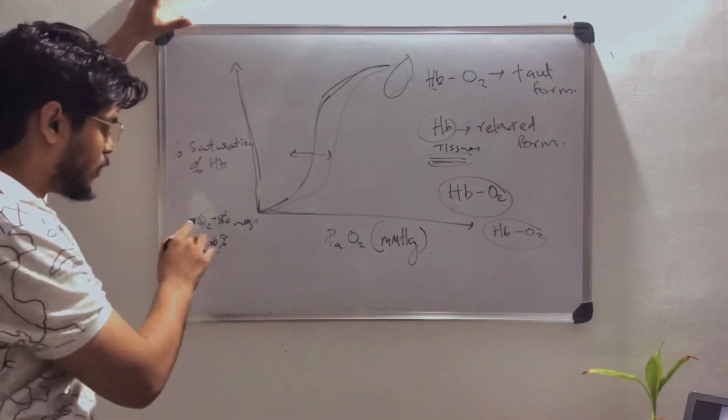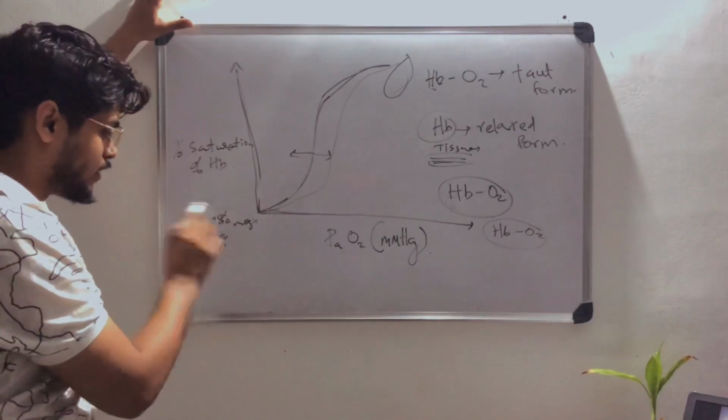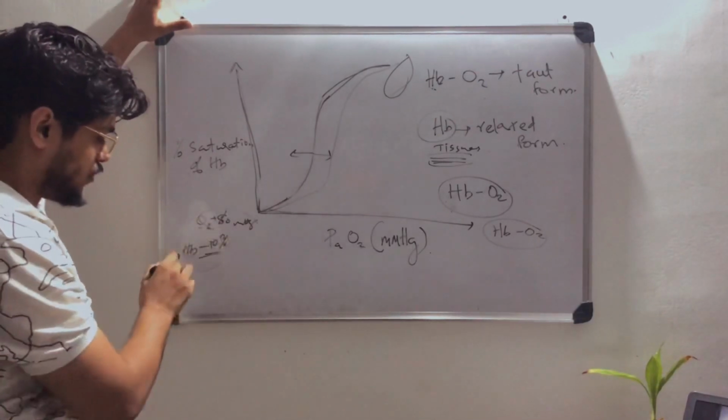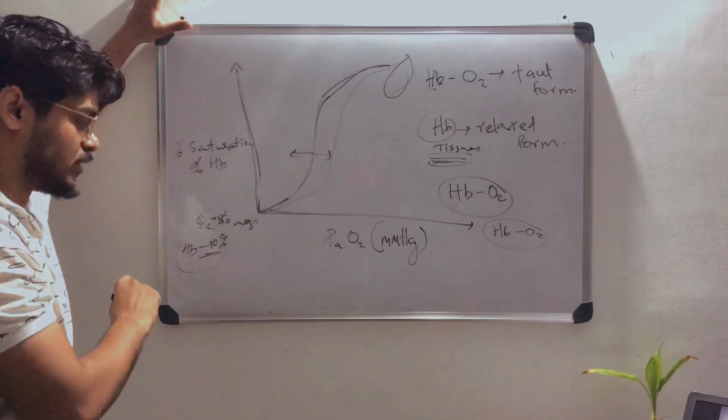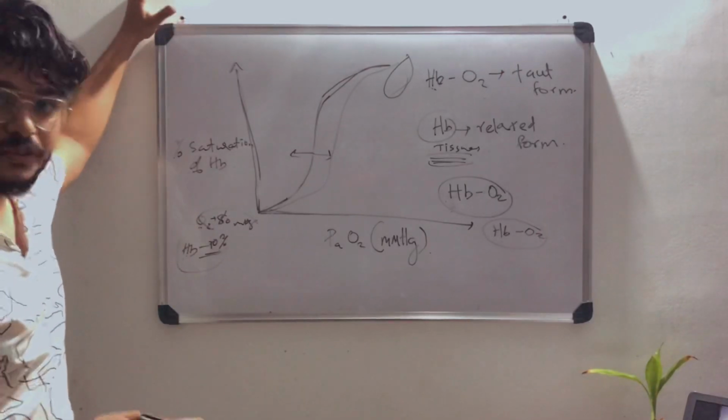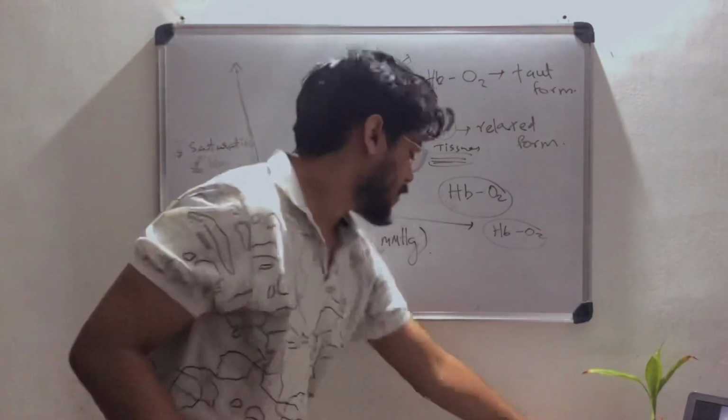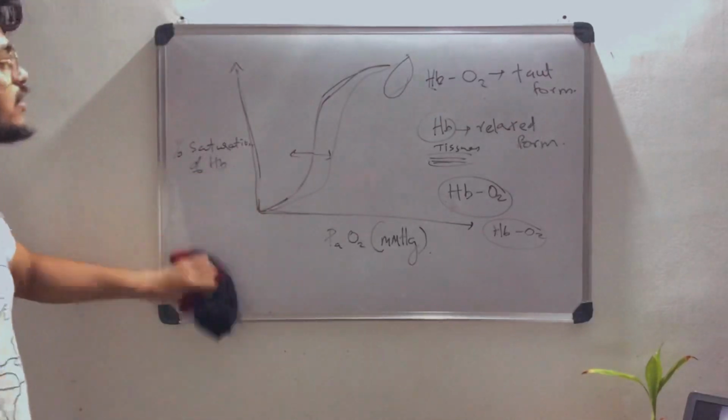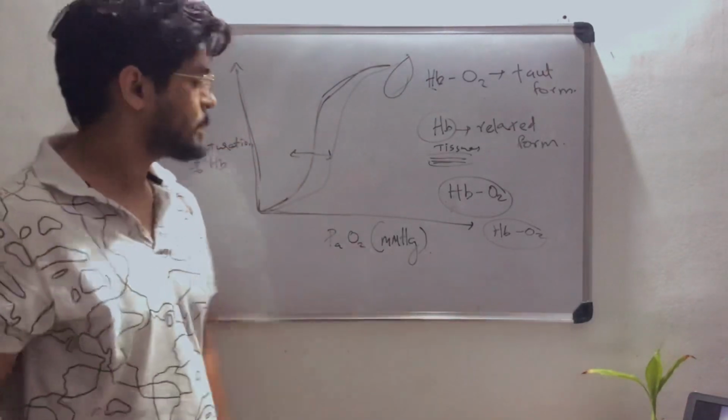So the requirement of oxygen partial pressure is increased to reach that same percent saturation of hemoglobin. Understood? Right. That's when this curve is shifted towards right.